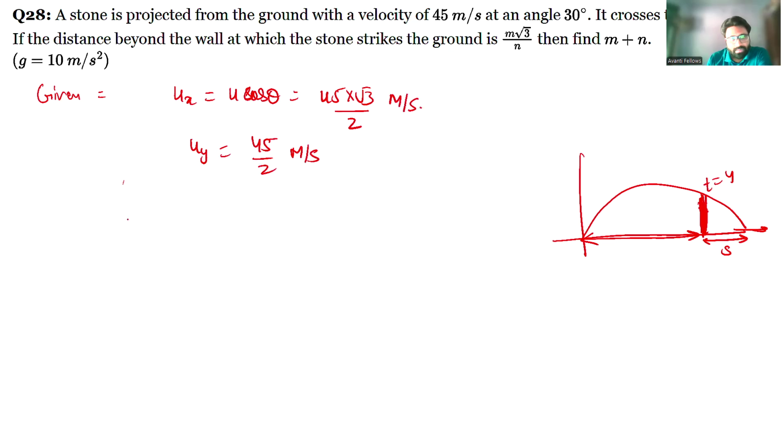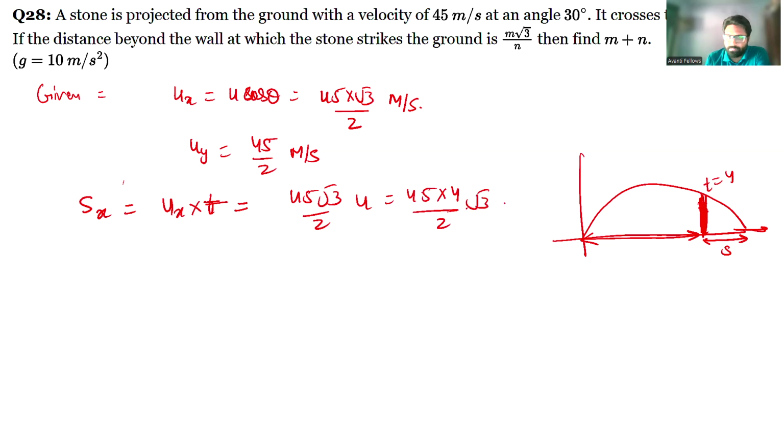Okay. Now Sx at 4 seconds is ux into t because there is no horizontal acceleration. Ux is 45 root 3 by 2, multiplied by t, which is 4 seconds. So it is 45 into 4 divided by 2 into root 3 meter. Now what is the total distance?